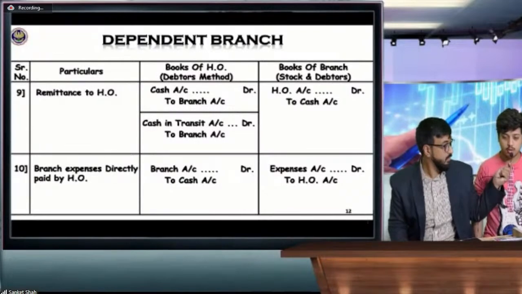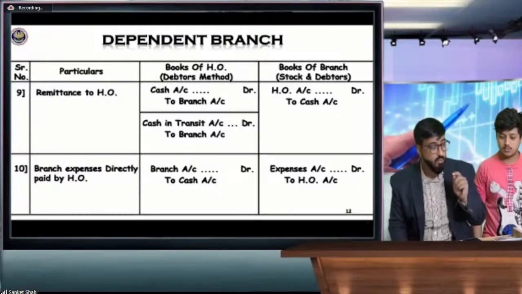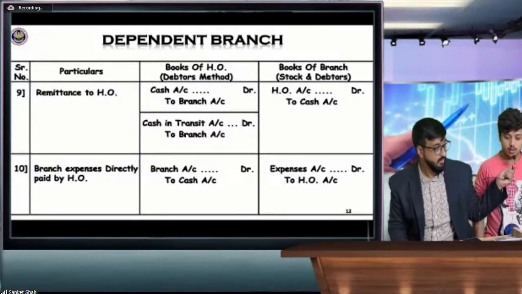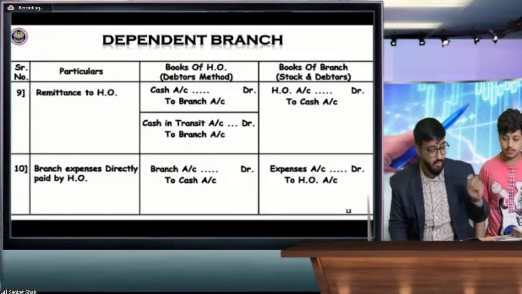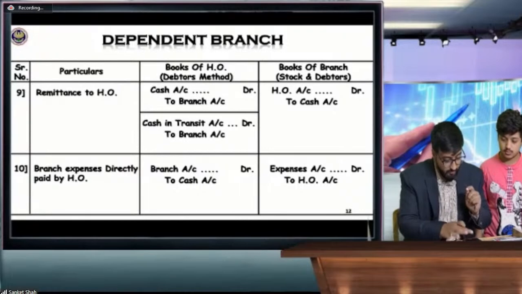In HO's book, because it is the branch's expenses, branch to cash, and in branch's book, expenses to HO. Very good. Then goods sent to branch. In HO's book, branch to GSTB, and in branch's book, GSTB to HO. Very good. Next one.